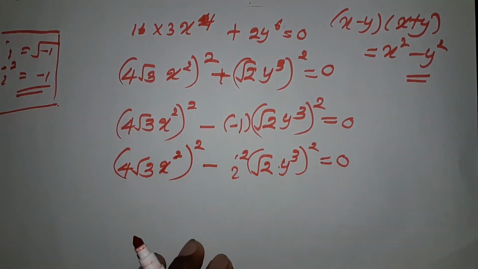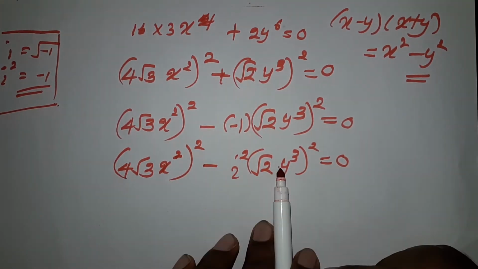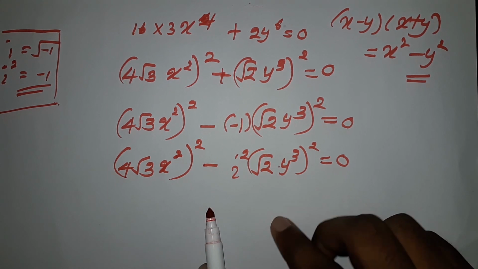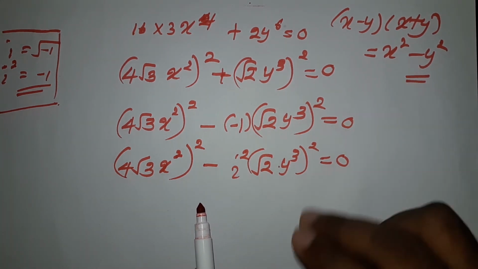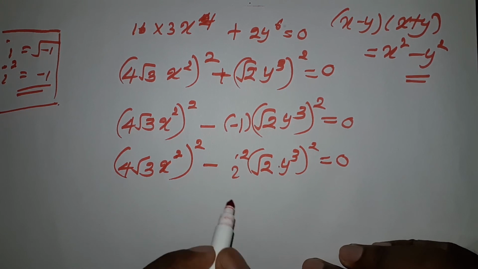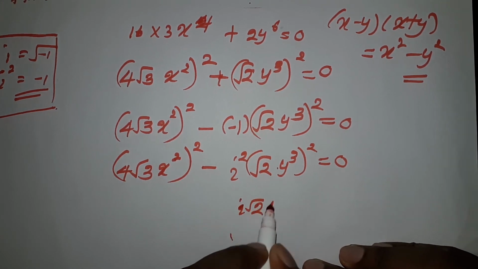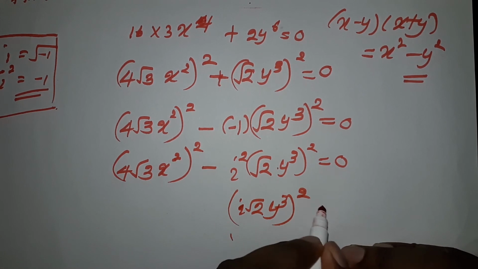Now you can see that if I get this i squared inside, it is basically the same expression as x squared minus y squared. To make it more clear, I'll write it down like so: i root 2 y cube squared.